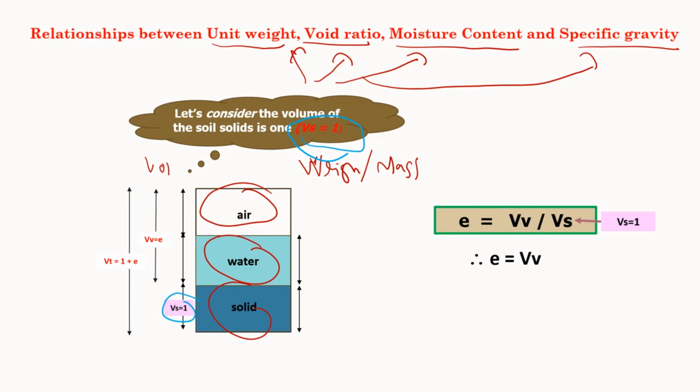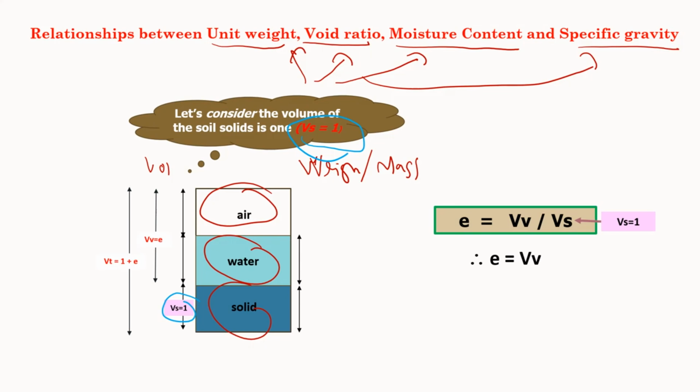As a result, we can develop some useful relationships between unit weight, void ratio, water content, and specific gravity. We start by normalizing Vs with Vs, which makes Vs equal to 1.